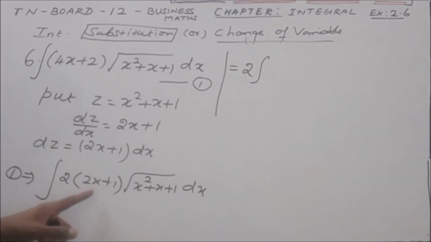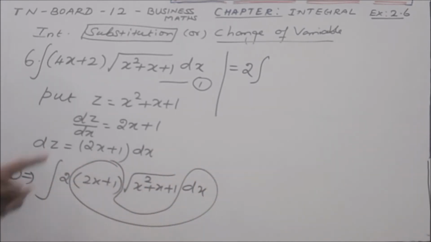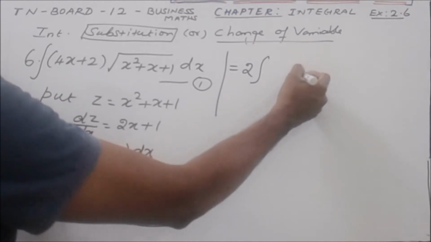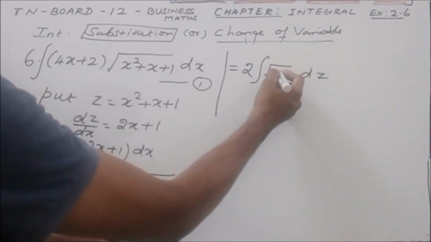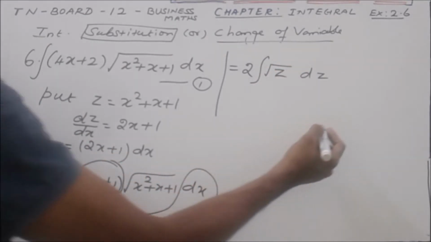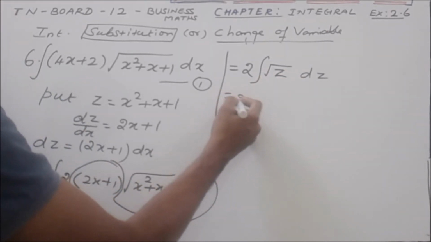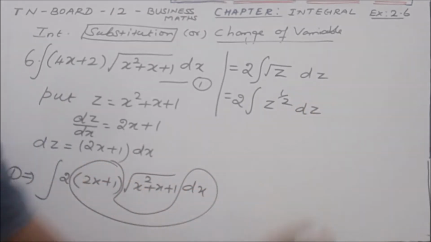Now this is equal to 2 into integral, where 2x plus 1 into dx is taken as dz, and root of x square plus x plus 1 is given as root of z. Root of z is z power half, so 2 into integral z power half dz.